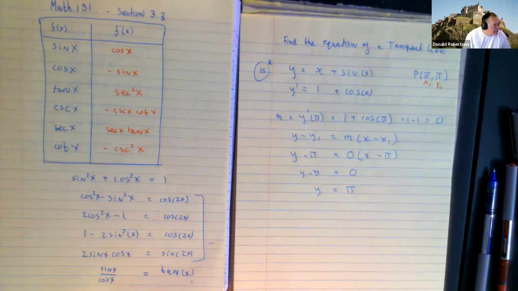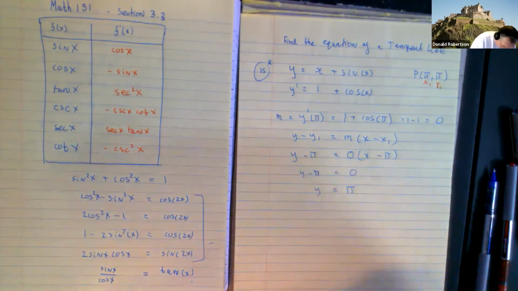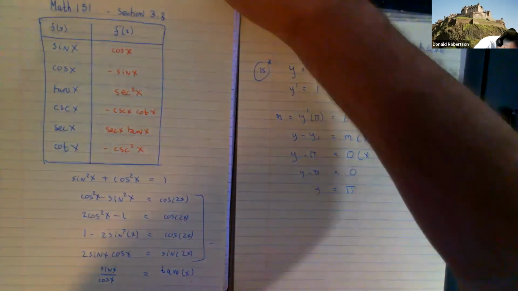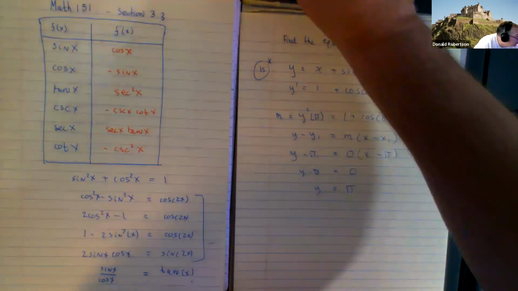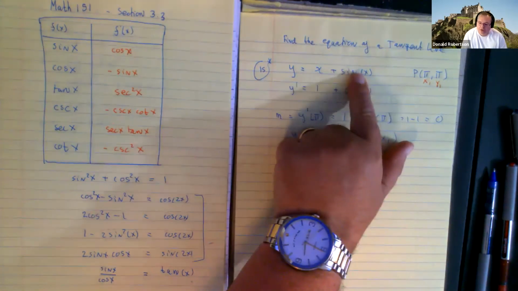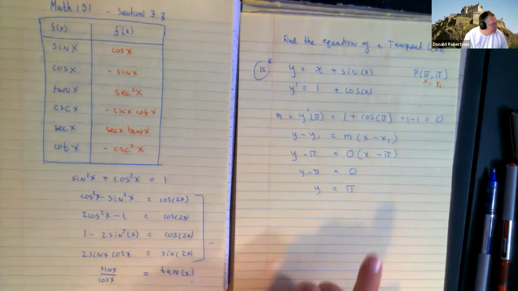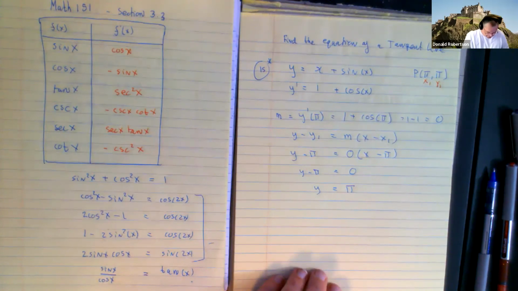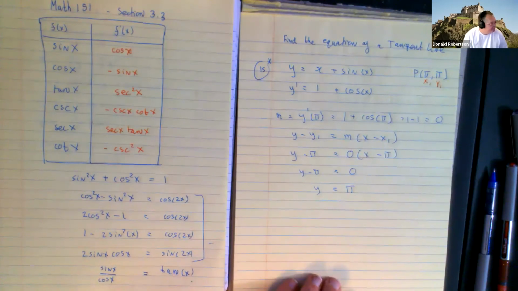Now, when we have a question like this, and it's one of the few times you can actually get something done about it, you should be able to just graph it as a check, right? So I'm going to put this into Desmos, and I better see a horizontal tangent line at the point pi pi, right?